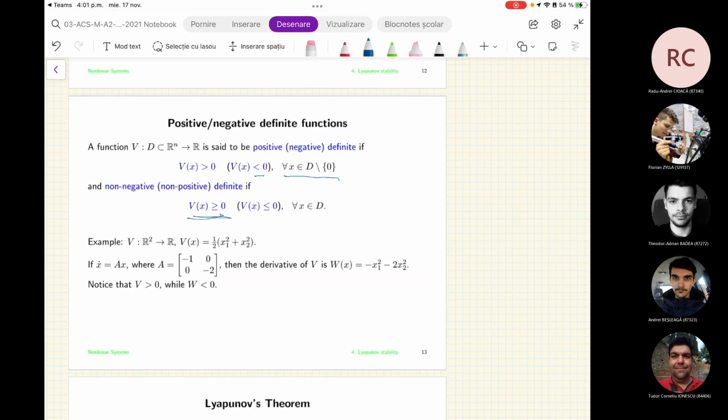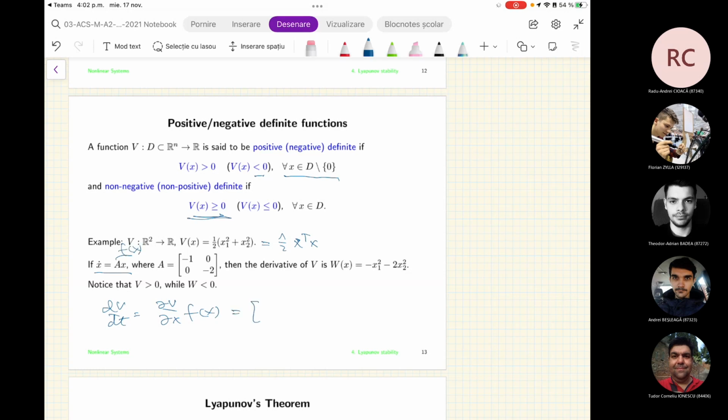You have an example here. V defined on R2 valued in R. V of x is this. I said earlier this is half x transpose x. You have this linear system, you have this matrix A, then V dot is dV/dx times f(x). f(x) is Ax in this case.